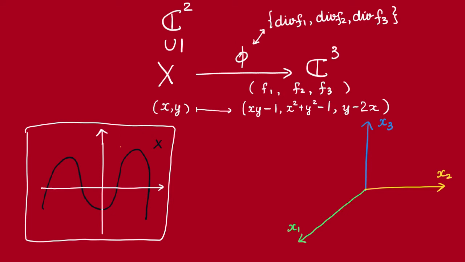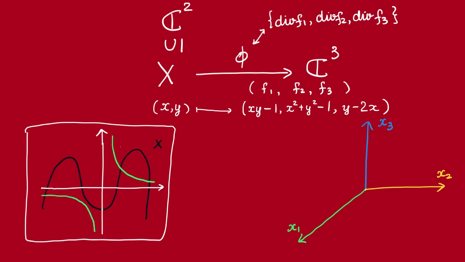So just for practice, let's have a look and see what these divisors are. What is div F1 as a divisor on X? Well, a common mistake is to think that div F1 must be this hyperbola, right?